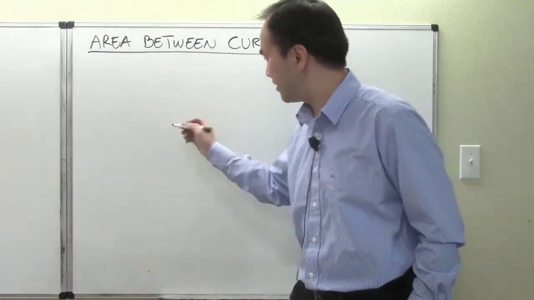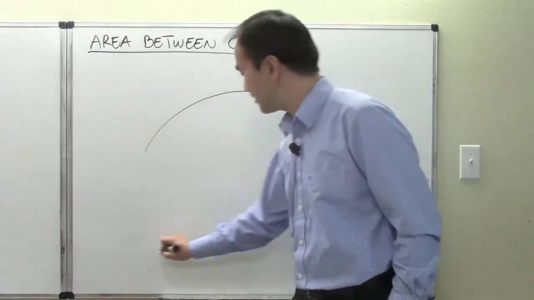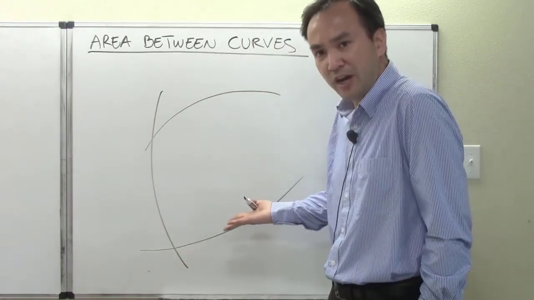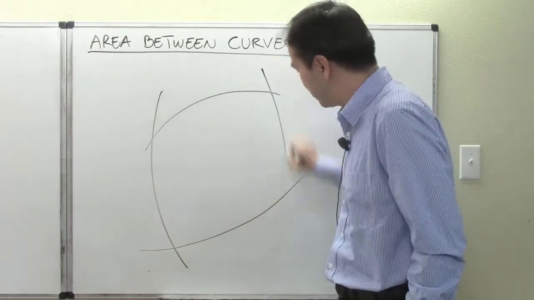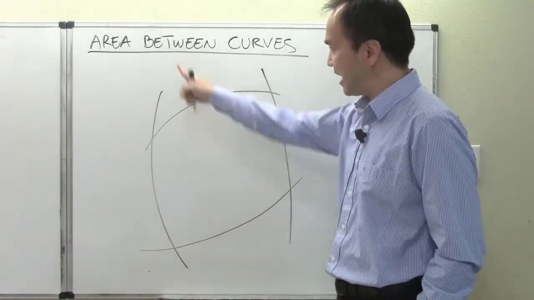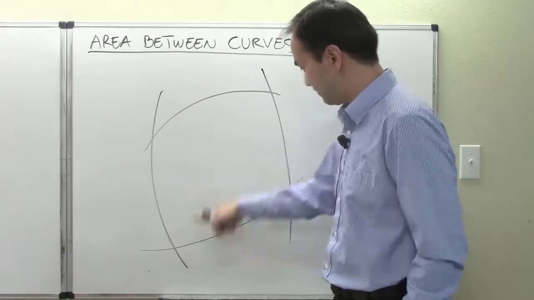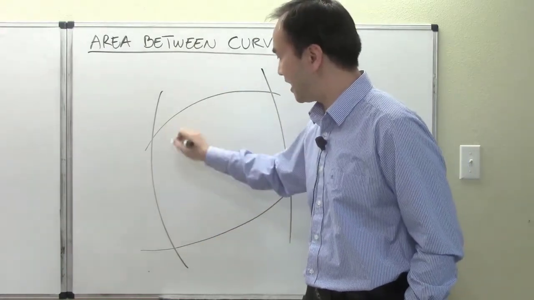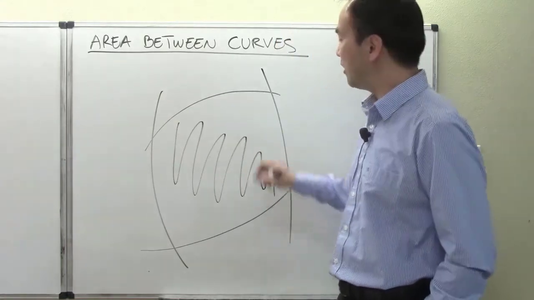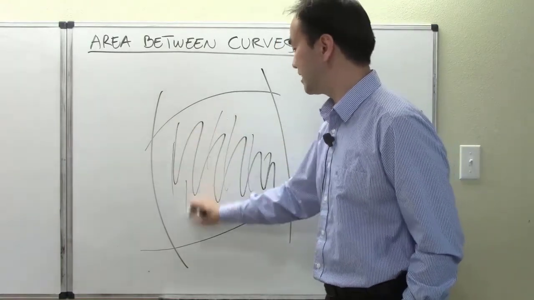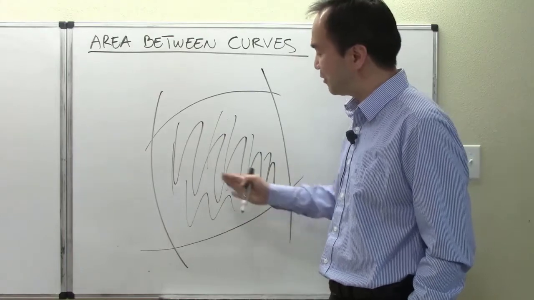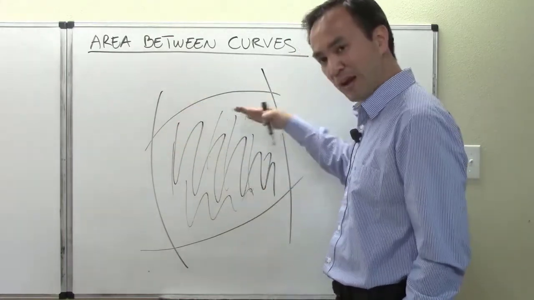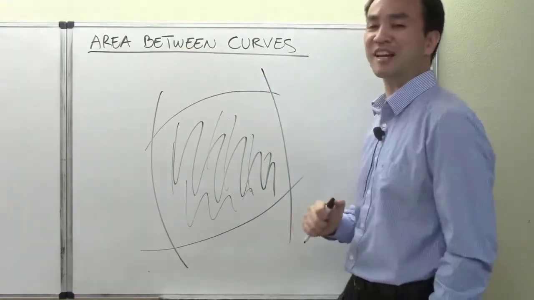It doesn't matter if it's a straight line or a bent curve or whatsoever. So now, for area between curves, we want to use the definite integral to find the area of a region that's trapped between curves like that. And that's the idea.